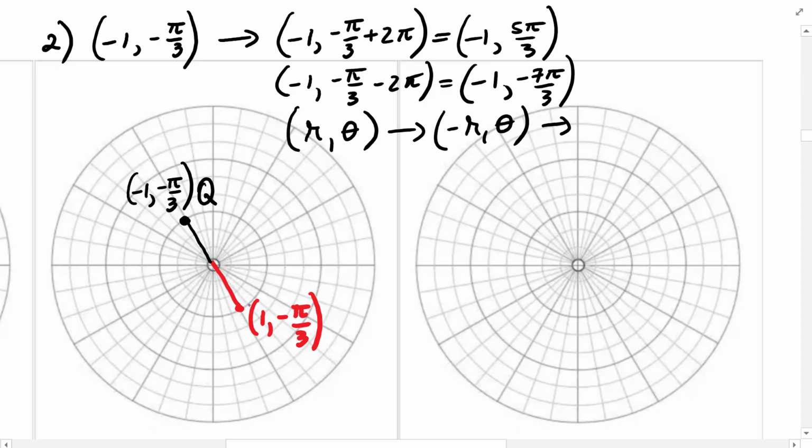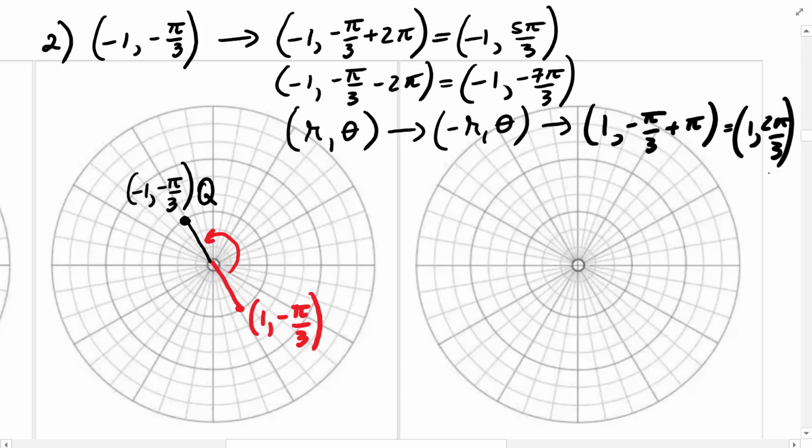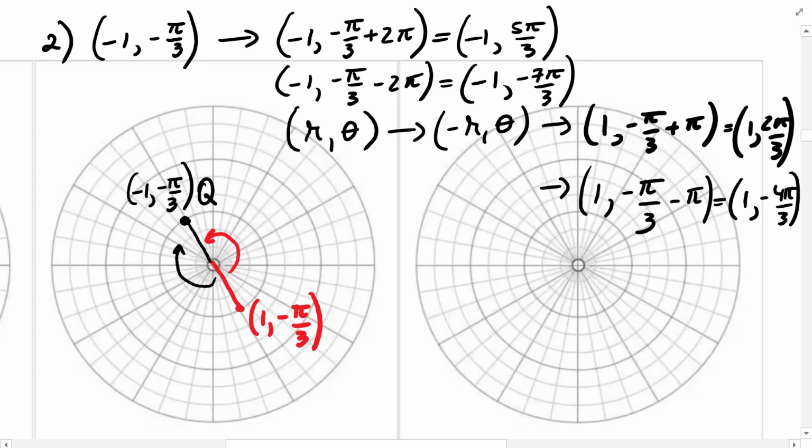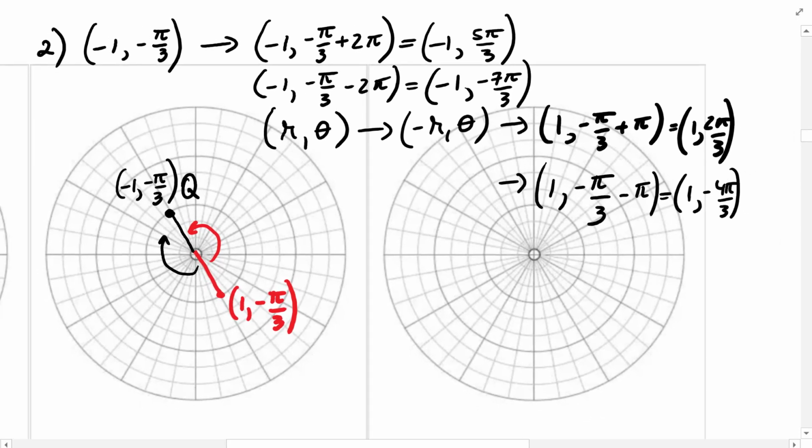So if we add pi to this point, then it would be 1 and negative pi over 3 plus pi. That would make it 1 and 2 pi over 3. And also, if we subtract pi, we get 1 and negative 4 pi over 3, another representation. So basically, again, we did more than 2. We got 1, 2, 3, 4.